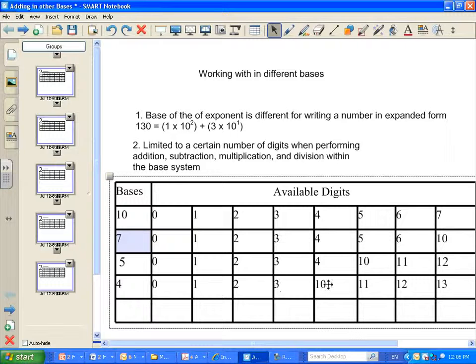The only way we can represent 6 is saying that it's 12 base 4. So 6 in base 10 becomes a 2-digit numeral in base 4 because I'm limiting the number of digits I can use for counting to only 4: 0, 1, 2, 3. After that, I got to jump to 10.